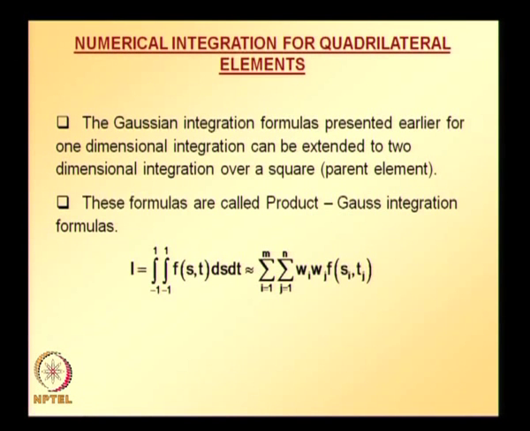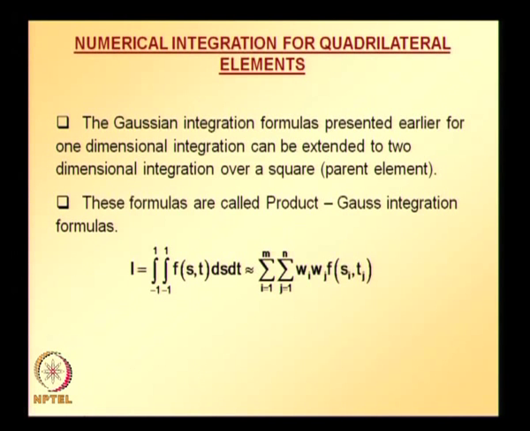Suppose that is the function we need to evaluate, that is numerically approximated as a double summation, i going from 1 to m, j going from 1 to n, weight in the s direction times weight in the t direction, that is wi times wj, times the function evaluated at each of these integration points, which results in a grid.